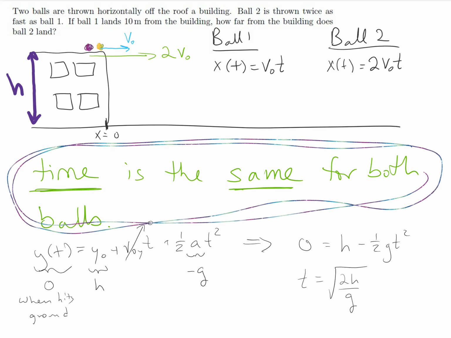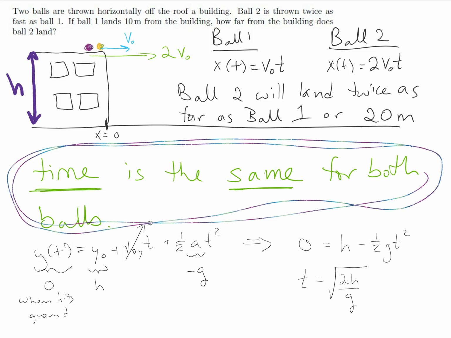And so if ball 2 just has twice as much horizontal velocity, it's just going to land twice as far. Or 20 meters away. Okay.